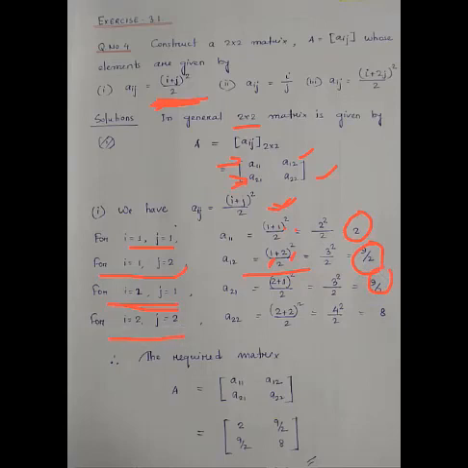Similarly, for the fourth position, A22, both i and j are 2 and 2. We put 2 plus 2 whole square divided by 2, and the result is 8.